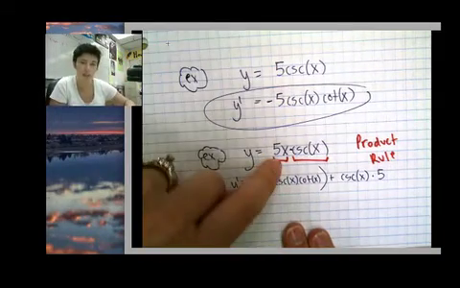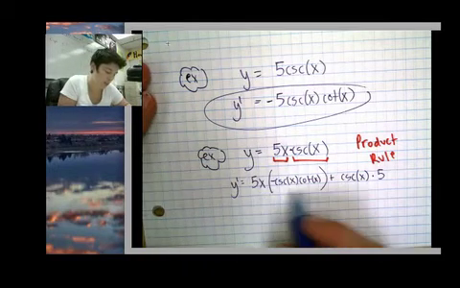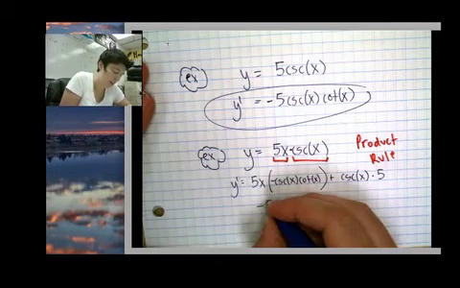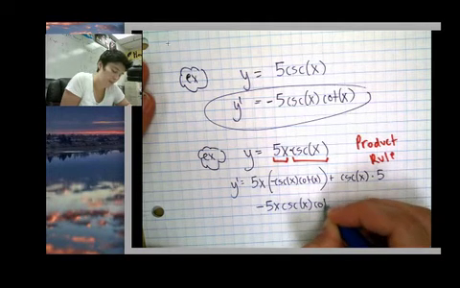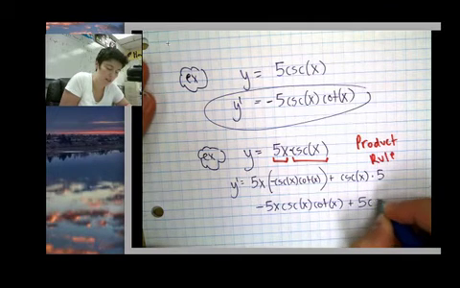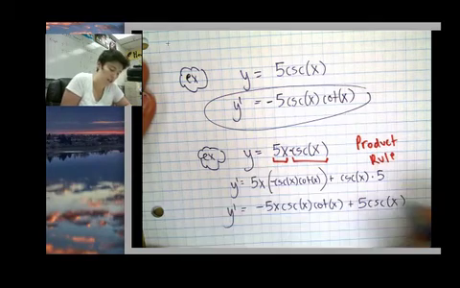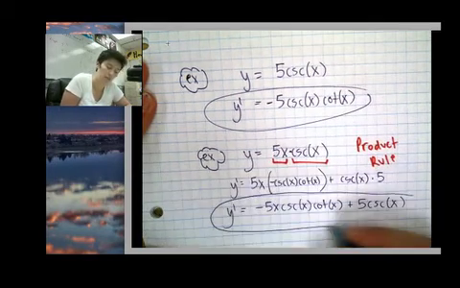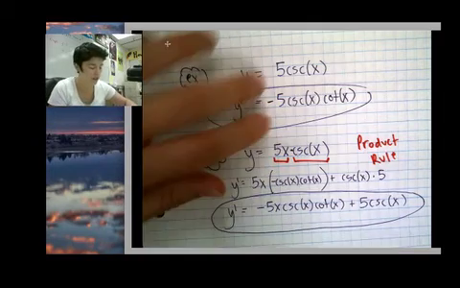If it has a variable, then you've got to use the product or the quotient rule. Clean up the negative sign, so make it a negative 5x cosecant of x cotangent of x. And move this 5 in front so it looks a little better. 5 cosecant of x. And now I'm good. I'm not going to go any farther and cancel anything. I'm going to leave it be. There's my answer.